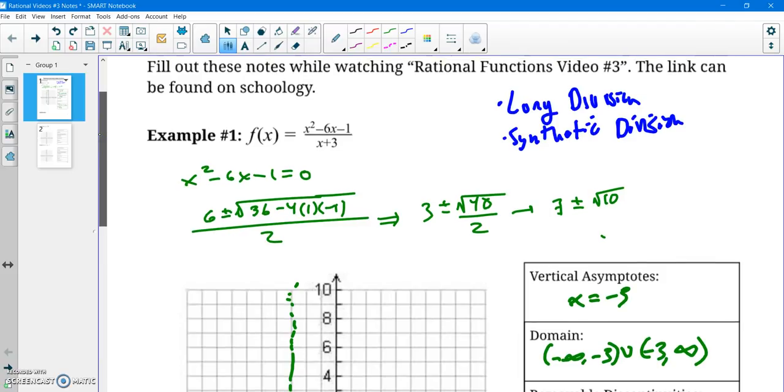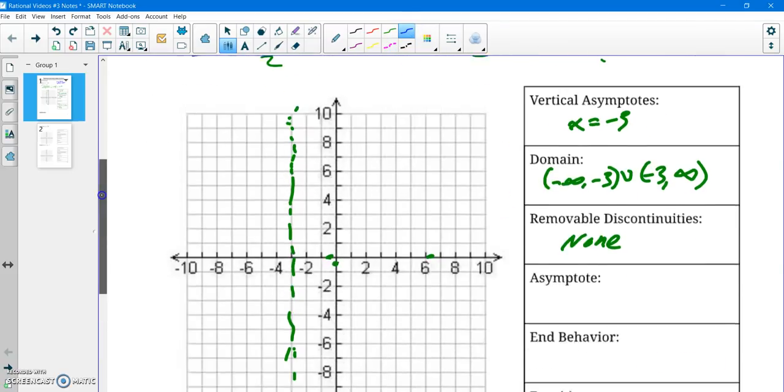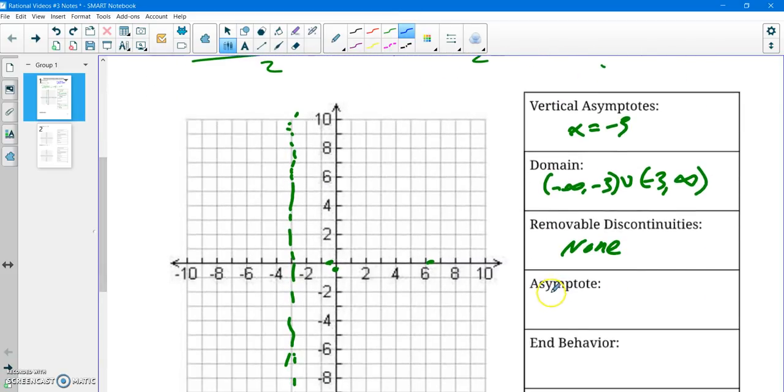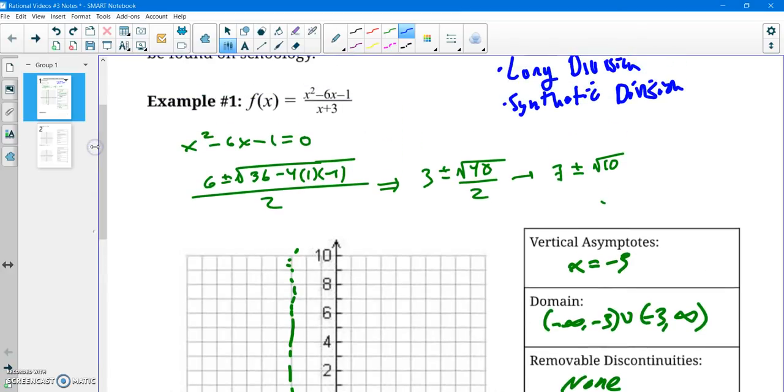And the real thing that's weird about this one, or new, is that we know that it doesn't have a horizontal asymptote. And that's because the degree of the numerator is actually bigger than the degree of the denominator. But since it's exactly 1 degree higher, in other words, since it's a squared over a first degree, it's not going to have a horizontal asymptote.